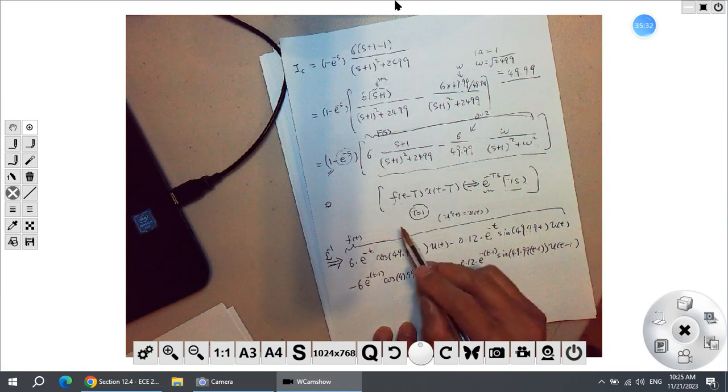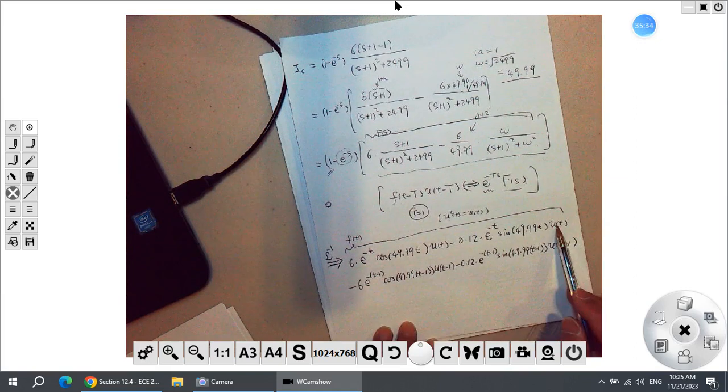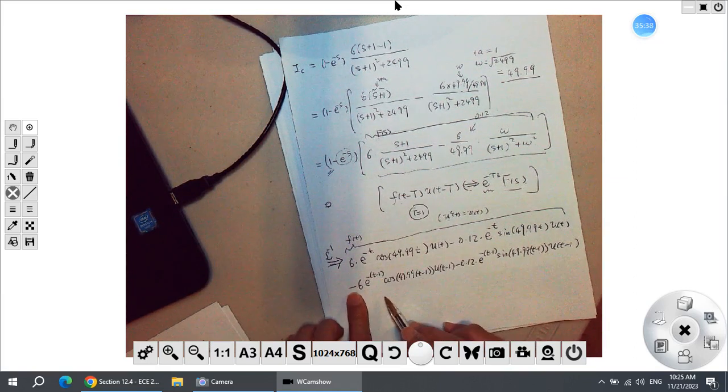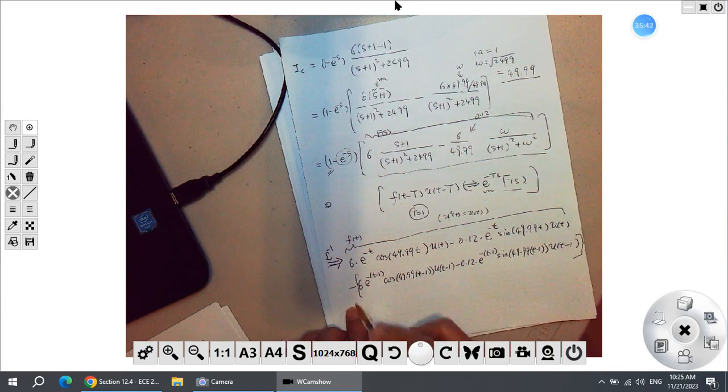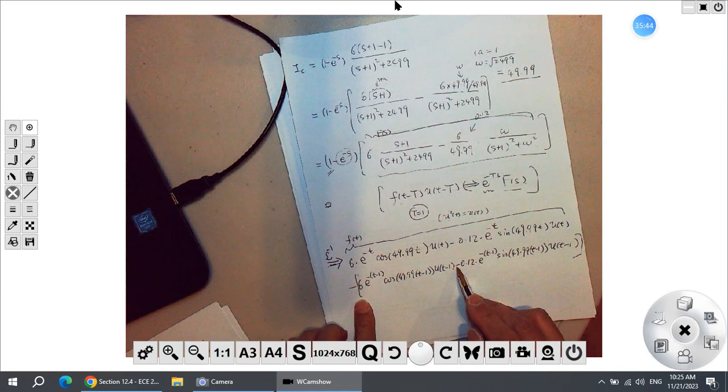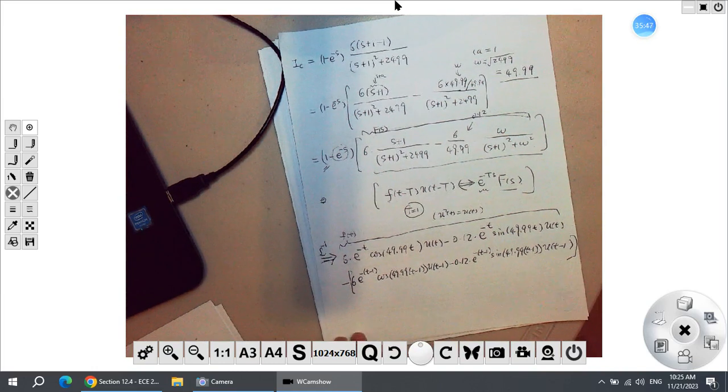Let me see. This one goes to this one. Oh, here's a minus. Here's a minus. So it is like this, minus of all of these. If you remove it, here will be plus. So this will be the final answer.